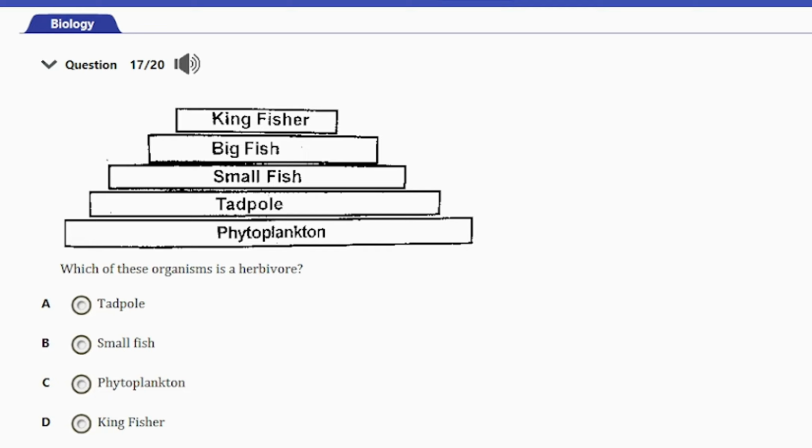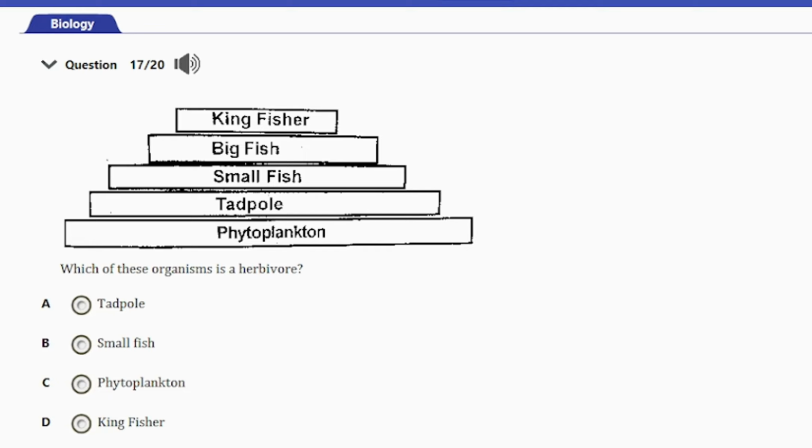So let's consider the next question. Question number 17. It says, which of these organisms is a herbivore? So guys, the answer to this question is actually option A, and that's tadpole.